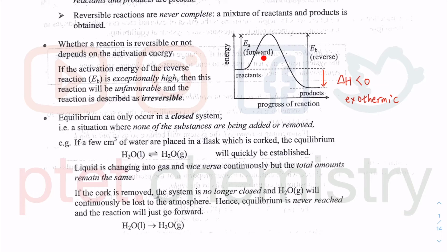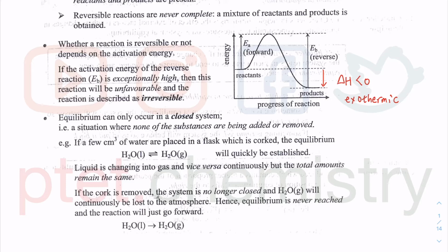The forward reaction, as I did mention, is from the reactant to the products. To go from reactant to product, you need to overcome this mountain. This is the minimum amount of energy that the reacting particles must have before they can react. So you must overcome this much activation energy. This is for the forward reaction.